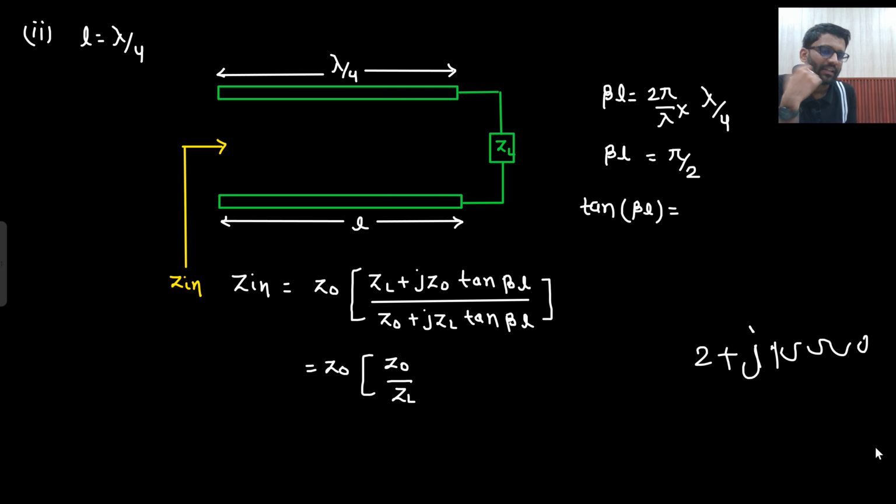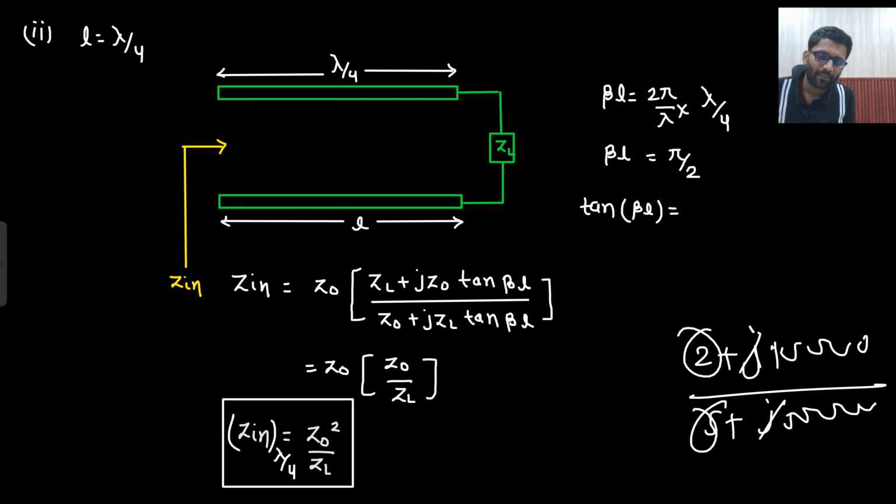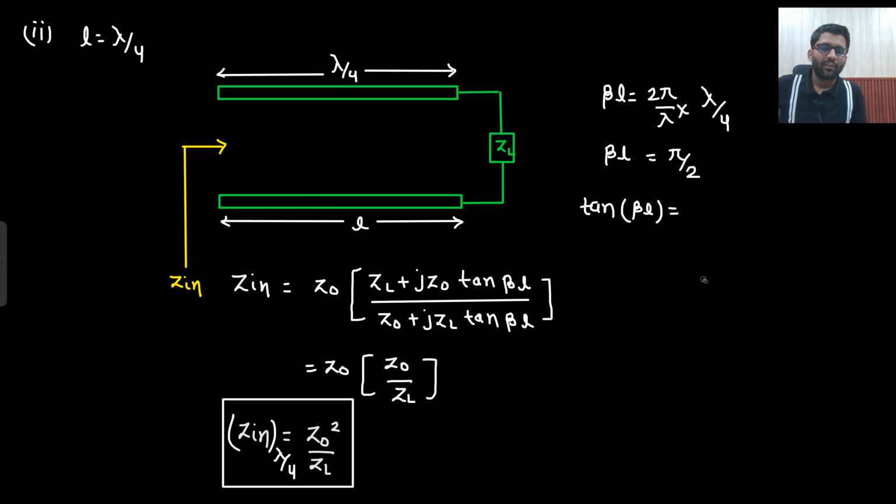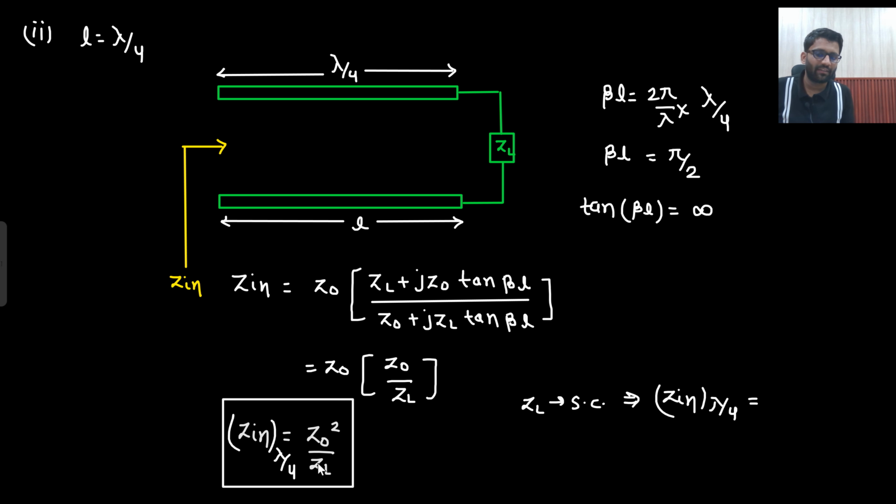A very important formula for lambda by 4 line. What conclusion can you make? If ZL was short circuited, that means ZL was 0, then what will be the input impedance for lambda by 4 line? That would be infinity.